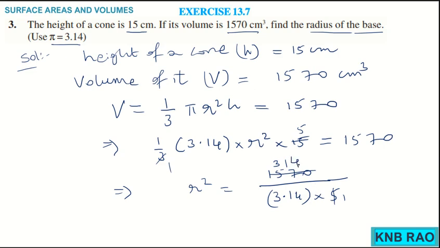So 314 by 3.14, which implies r square equals 100. Why? Because 3.14 times 100 becomes 314. Now r square value is 100, it implies r equals square root of 100. Square root of 100 is 10.